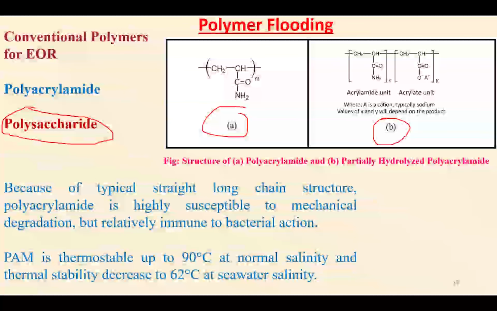These biopolymers also have some functional groups like hydroxyl and carboxylic acid, and they can form hydrogen bonding. And because of this hydrogen bonding and their structure, they form a viscous solution, and because of the viscous solution, it can reduce the mobility ratio. Otherwise, there will be early breakthrough because of the very high mobility of the water compared to the oil.